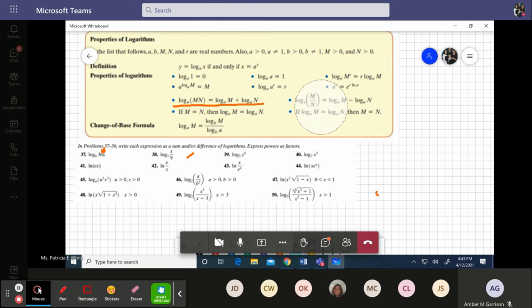That's a division one. So I'm going to be talking about breaking it into a subtraction problem.